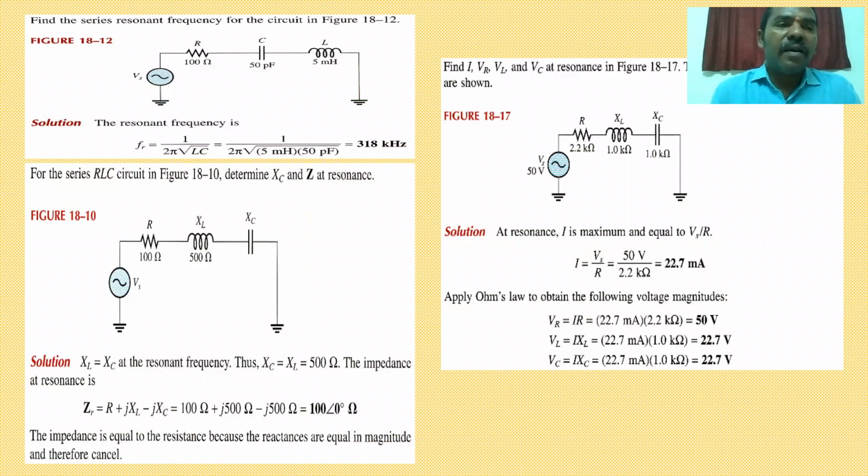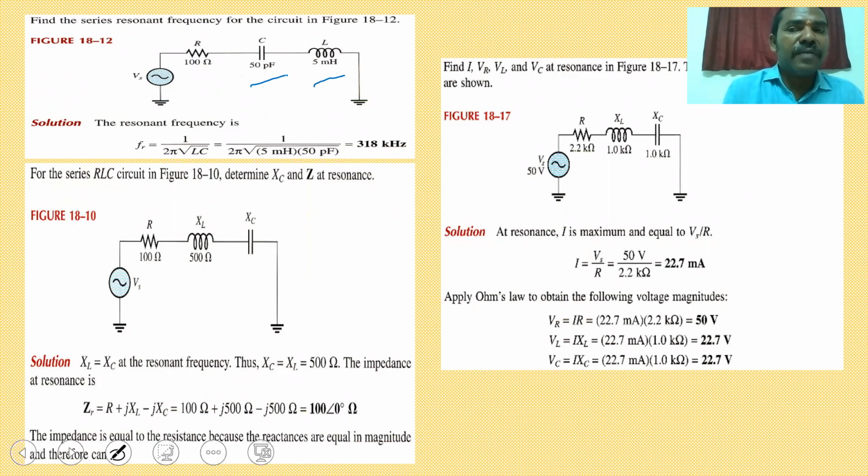Now come to the examples of resonating circuits. Here the first example, you have to calculate the resonating frequency for an RLC series circuit. The inductance given is 5 millihenry. The capacitance given is 50 picofarads.